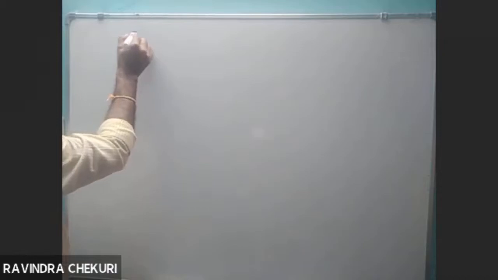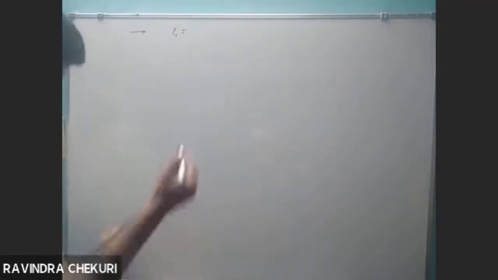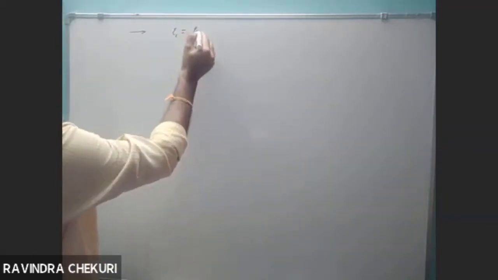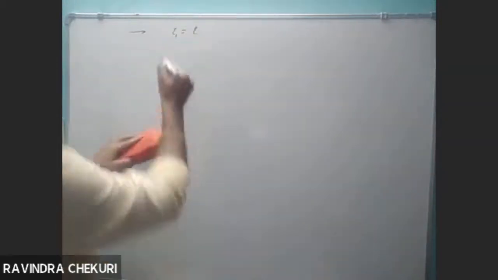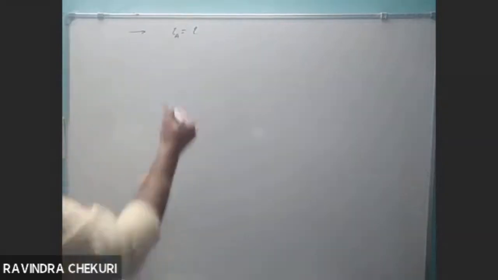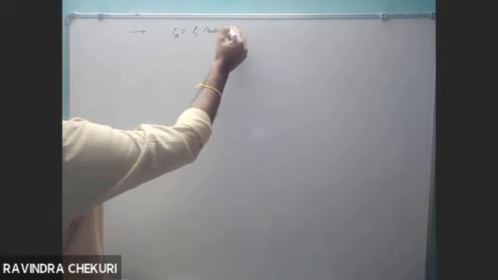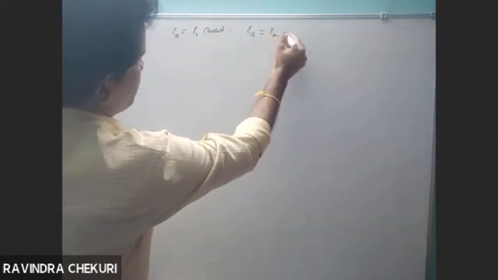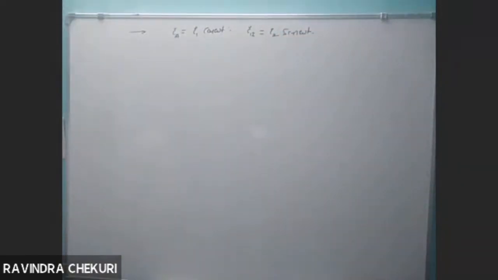Two AC generators produce instantaneous currents. IA is equal to I1 into cos omega t, and IB, the second generator, is equal to I2 into sin omega t.